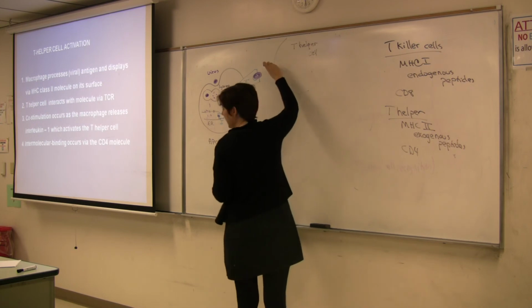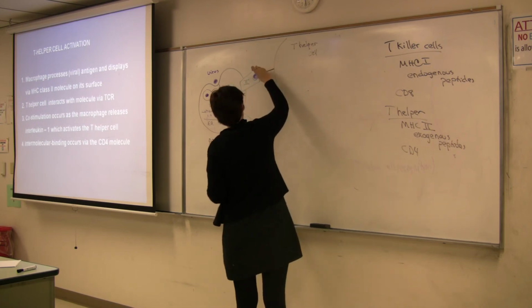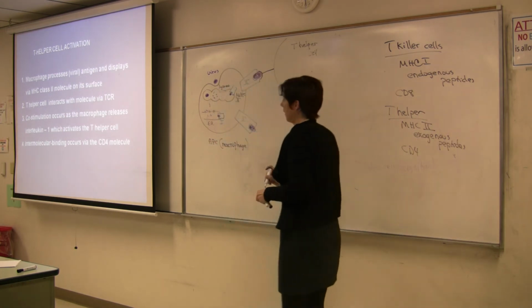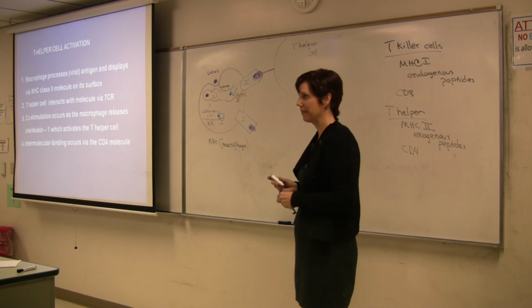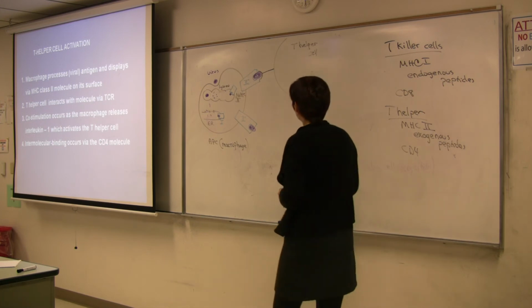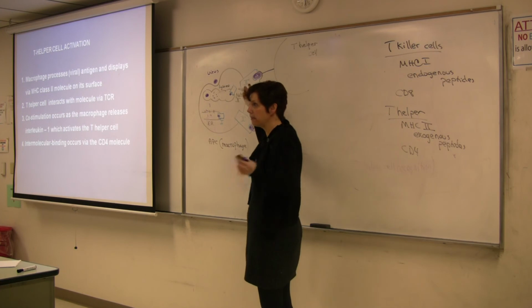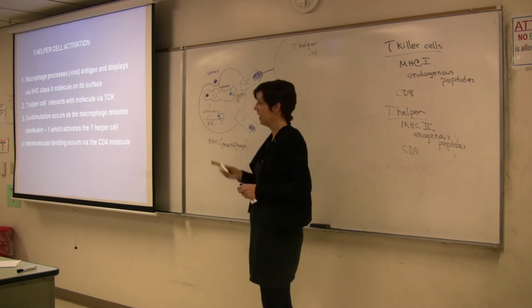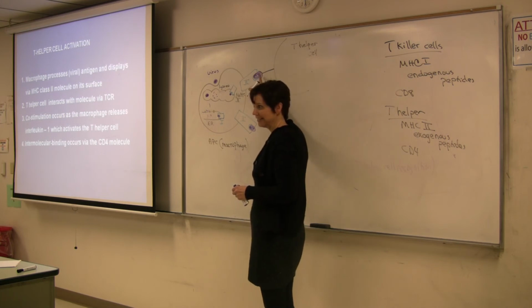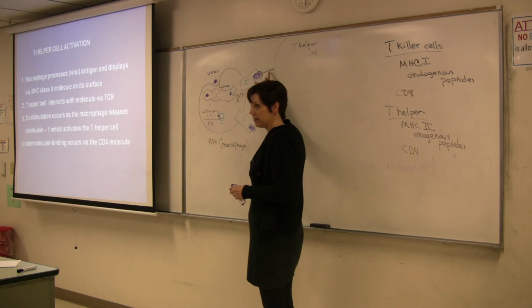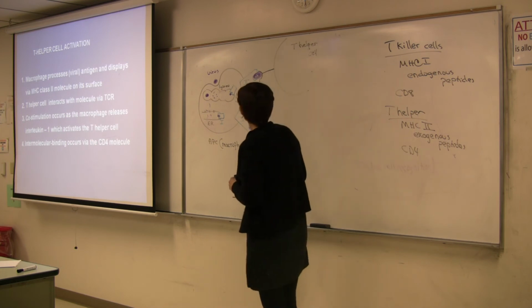It has a T cell receptor that just happens to match the specific epitope, if you will, of that antigen. Another T helper cell would have a different receptor and would match a different epitope. Specific immunity because of this. All right?